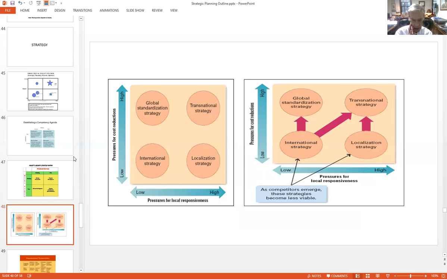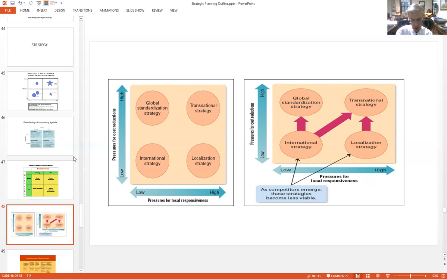On the other hand, many industries have to be tailored to the local market. Clothing and food often have to satisfy local demands. That's called a localization or multi-domestic strategy.